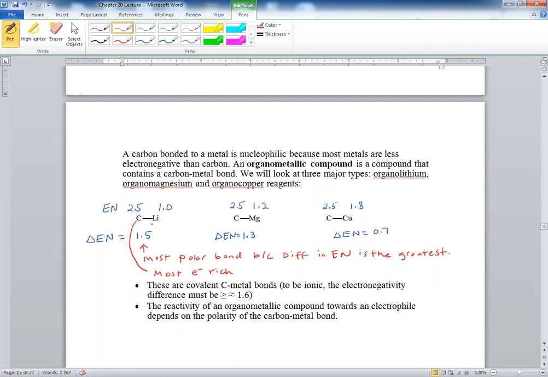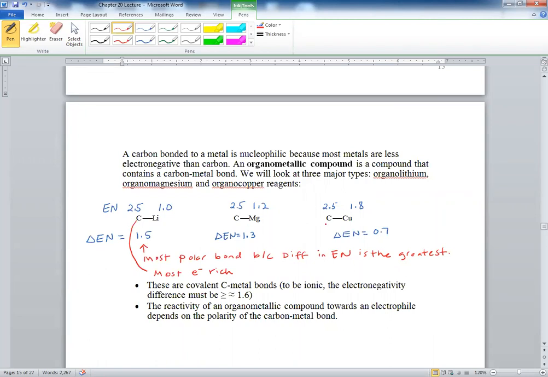It's kind of like an analogy of splitting an amount of money. Let's say carbon can split $100, and the carbon gets $75 and the lithium gets $25. In the second one, carbon gets $50 and magnesium gets maybe $50.